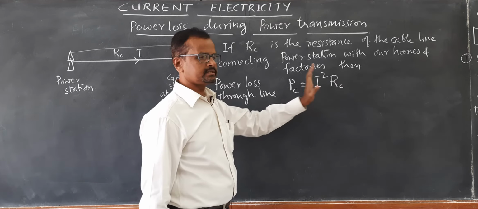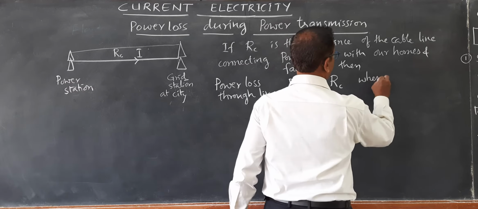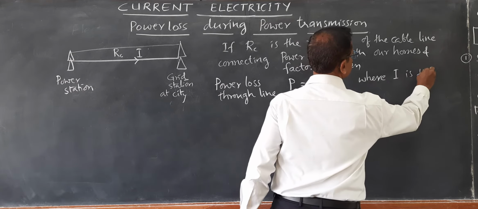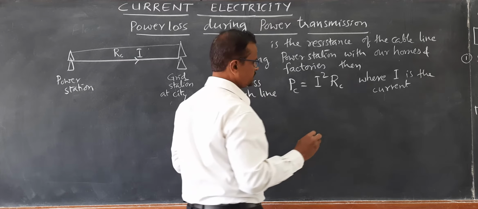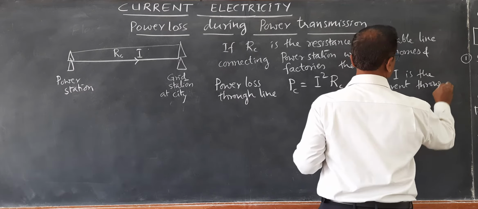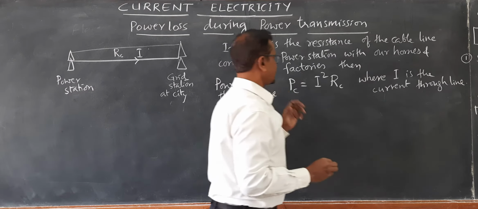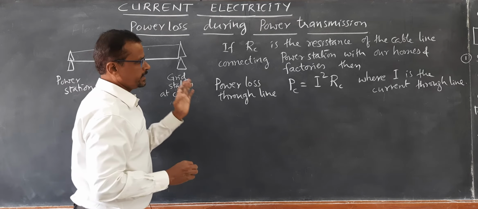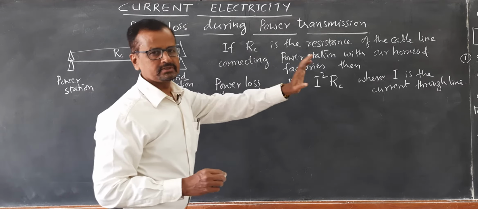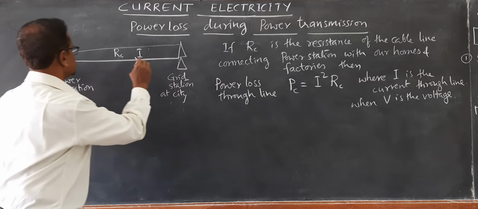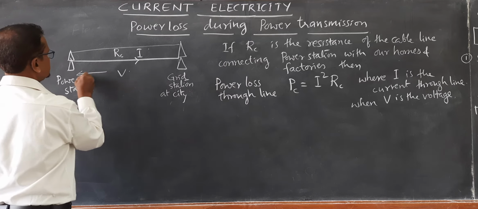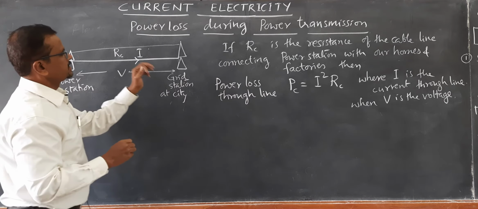PC is equal to I square RC, where I is the current through the line, as we have discussed earlier, for a potential difference of V. When V is the voltage applied across this, then the current that is passing through is I.